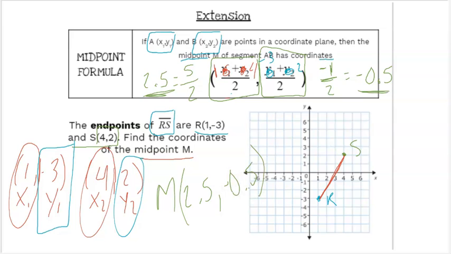If we find that on the graph, it's right about there, which does look just about right in the middle of that line. So we always want to graph it to make sure, because we don't always go off of looks, but in this case we can use it as a checking point. Are we pretty close, or does it look very off, where we should double check our mathematics?